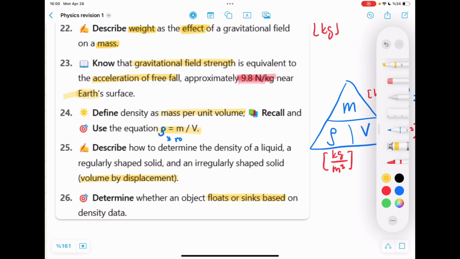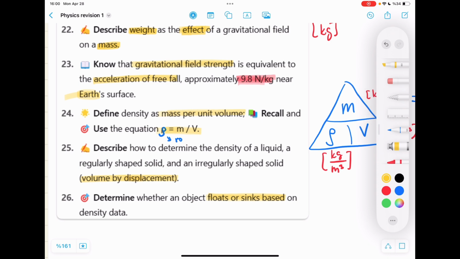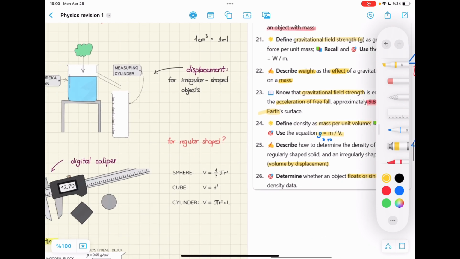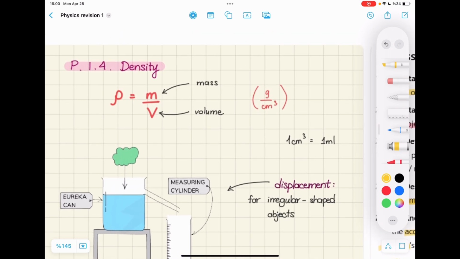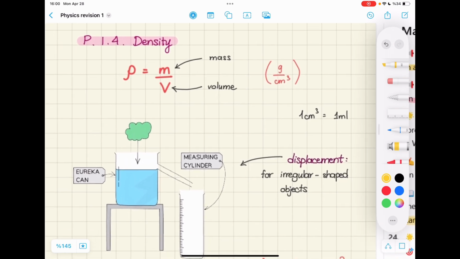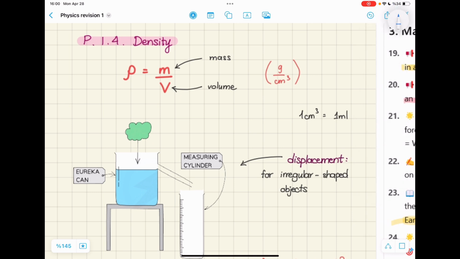For example, if we have wood and if we have iron, we will of course have a different effect because wood will be less dense than water. Or for example, if you have things that are floating in air, like helium, which has lower density than air.